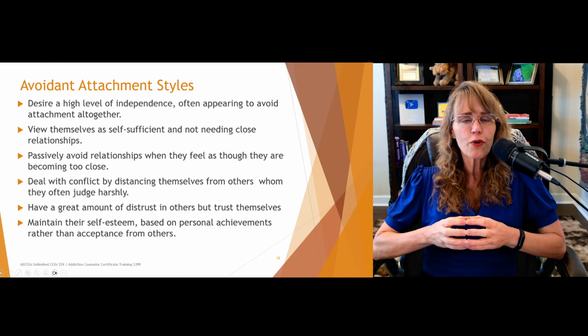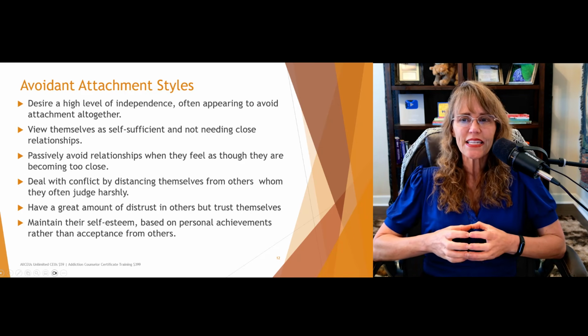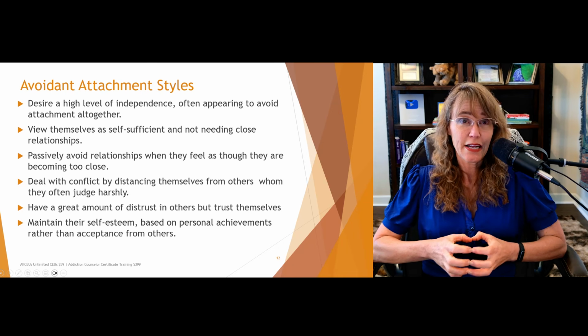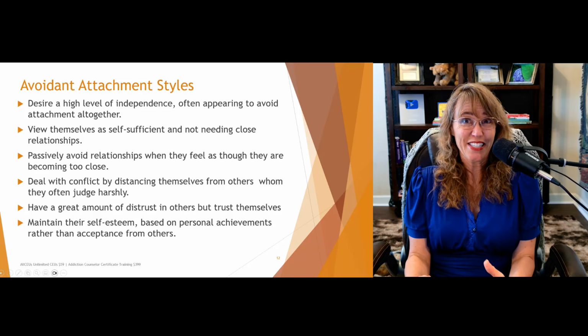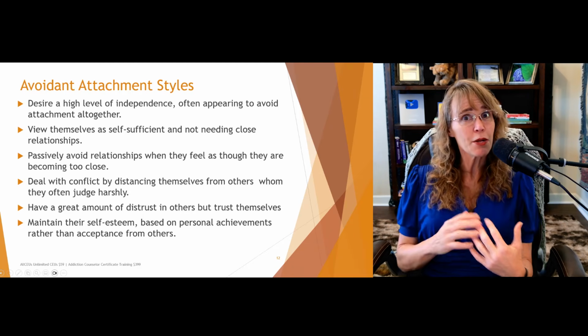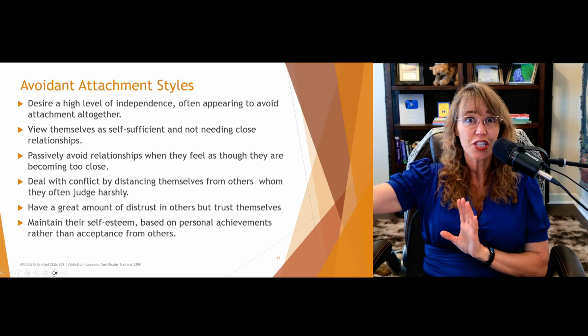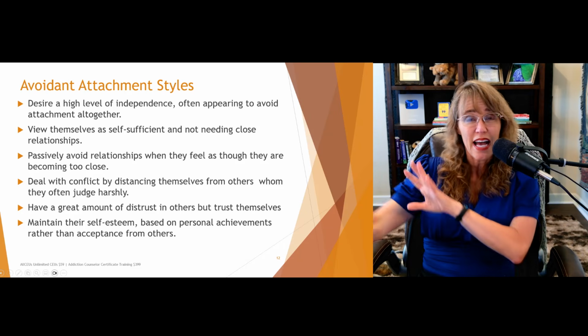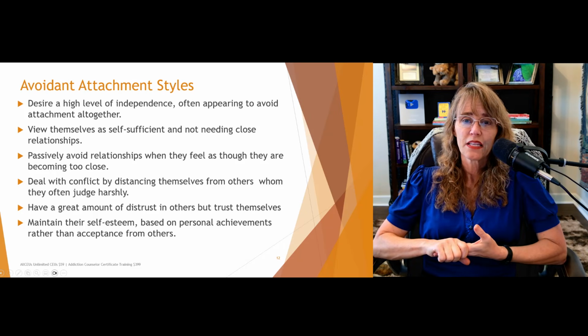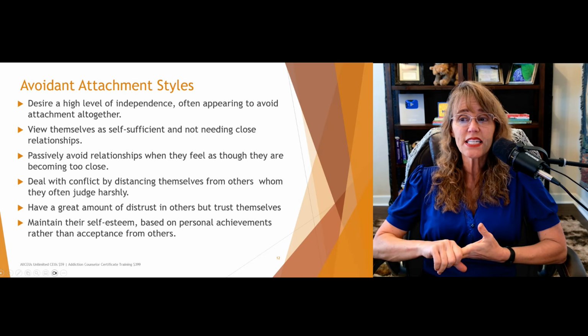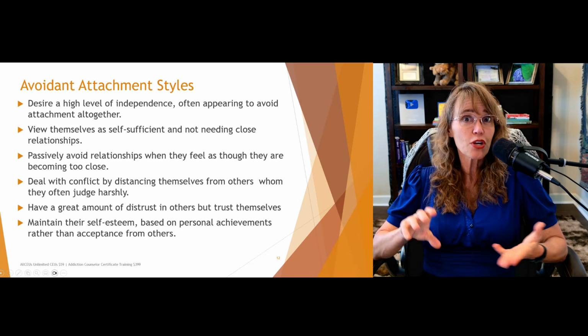People who have avoidant attachment often deal with conflict by distancing themselves from others who they often judge harshly. Now, remember, they got judged harshly. So now they minimize any of their mistakes. It couldn't have been me. And they judge the others. They blame other people and distance themselves. They often have a great amount of distrust in others, but trust in themselves.